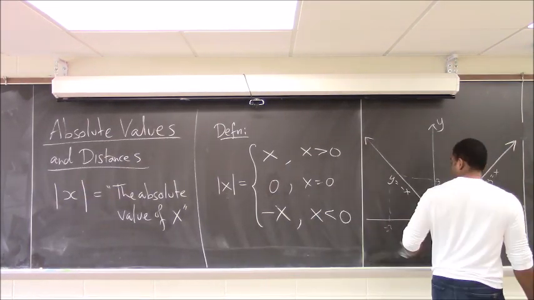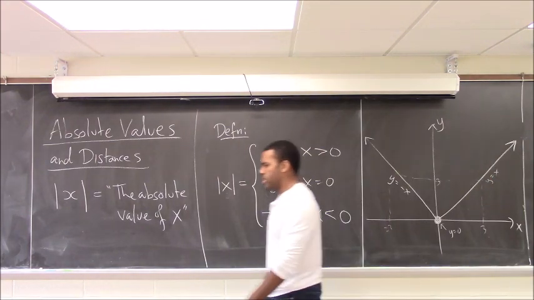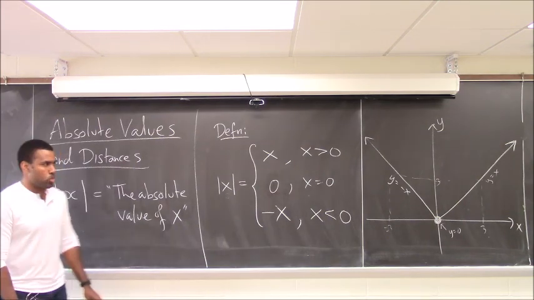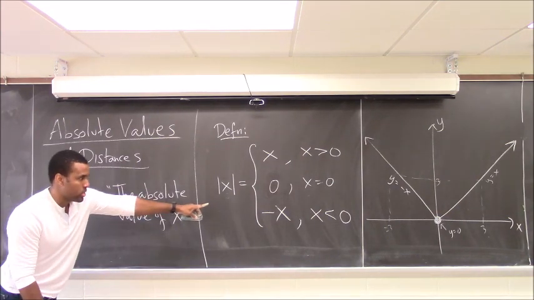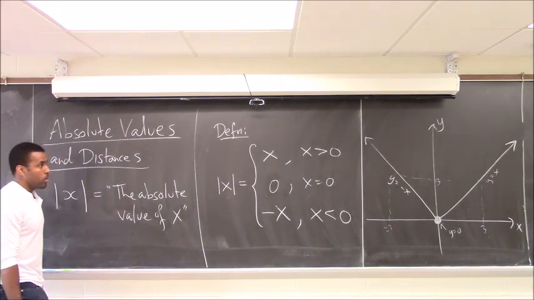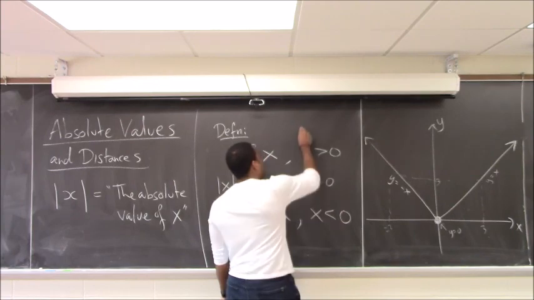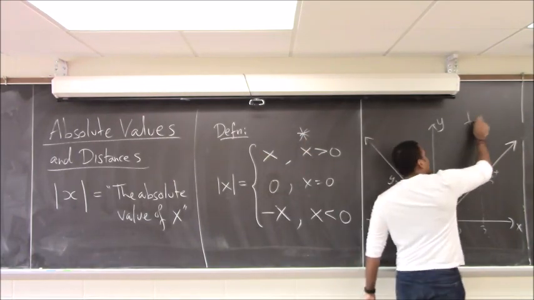And we'll see that especially in calculus, knowing this definition of absolute value is useful. But even in this class, I'll show you some examples where thinking of it this way is going to help you solve the problem. When thinking of it as a distance is just going to confuse you. So you should know the definition, you should know the graph. These are very important ideas.